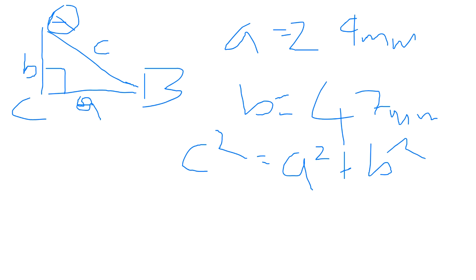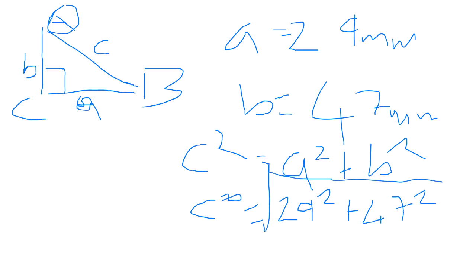So C squared will be equal to 29 squared plus 47 squared. Then we can just find the square root.